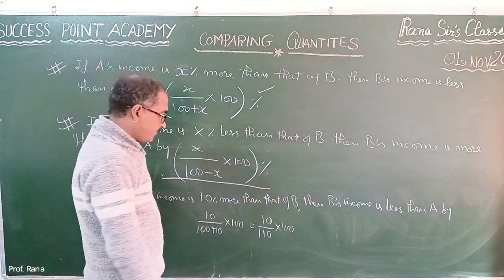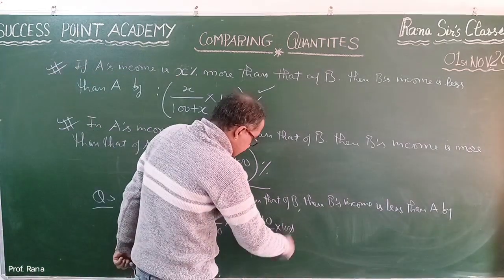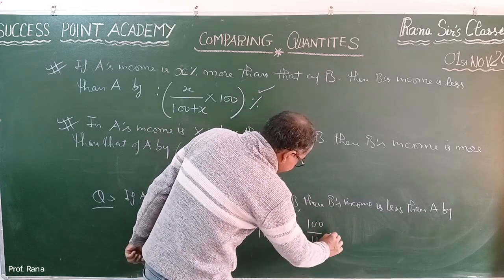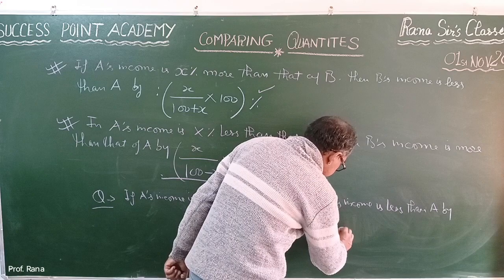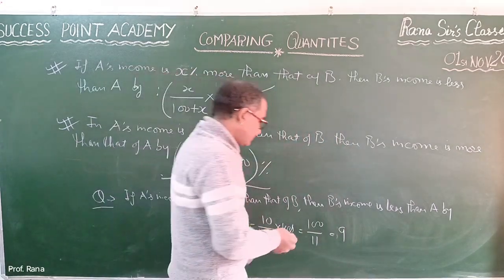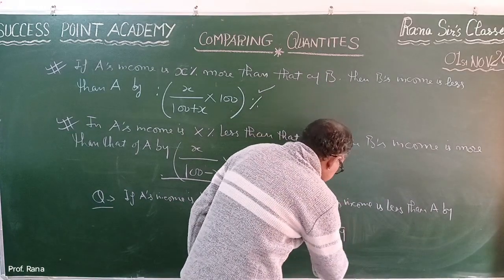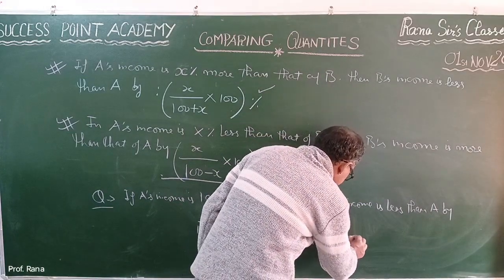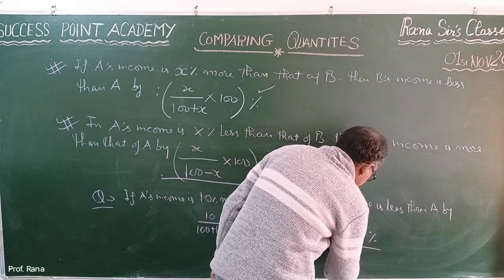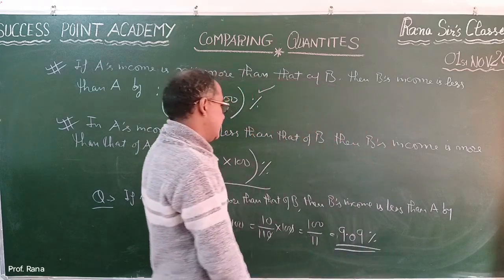And the zeros cancel, 100 upon 11 percent, that is 9.09% less.